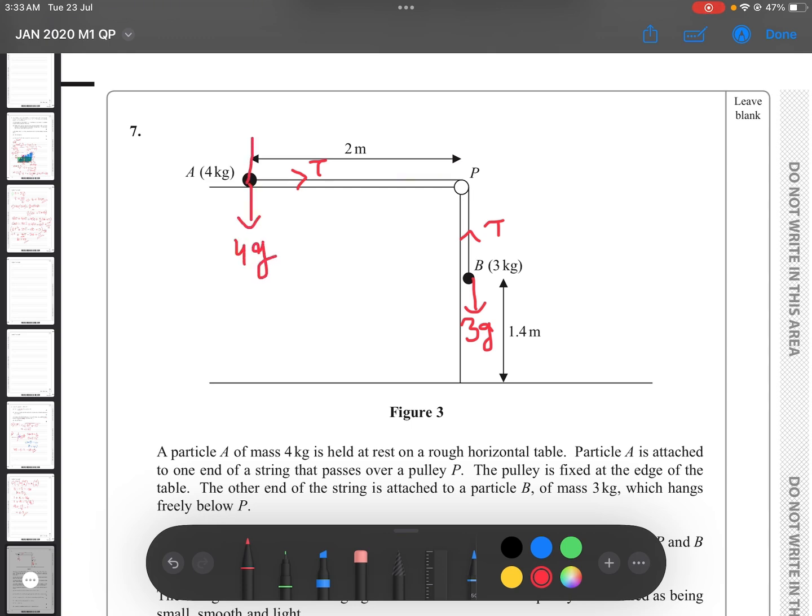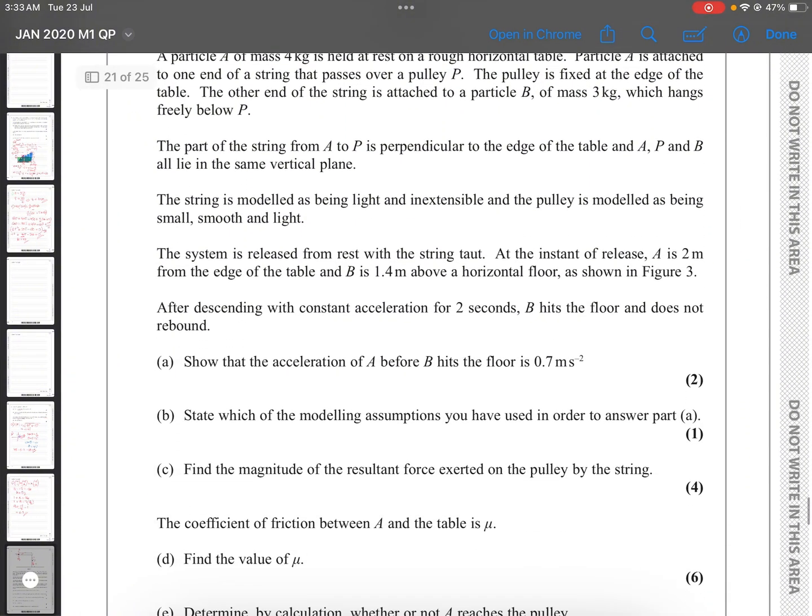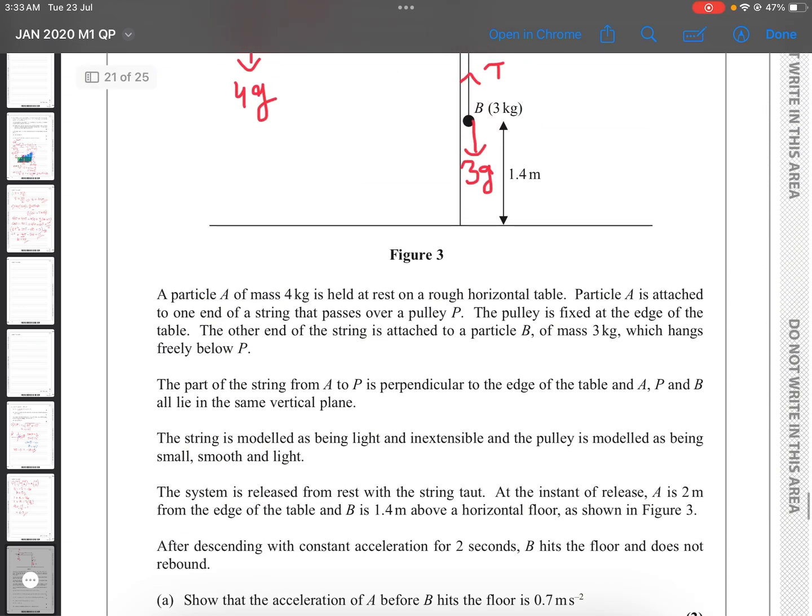There is going to be a reaction force R. Now, part A states: show that the acceleration of A before B hits the floor is 0.7.